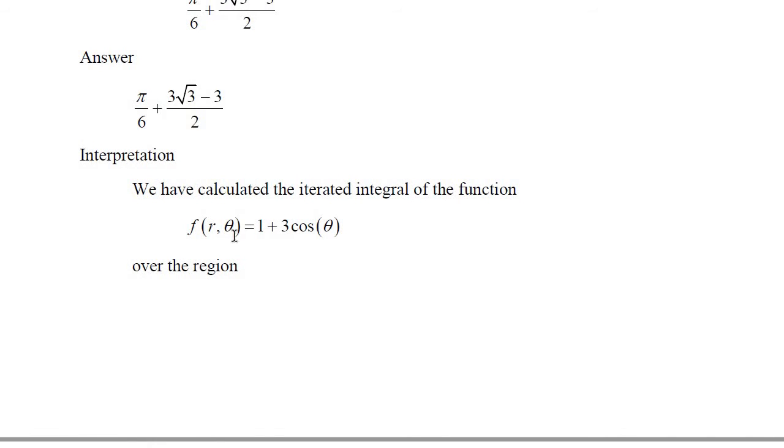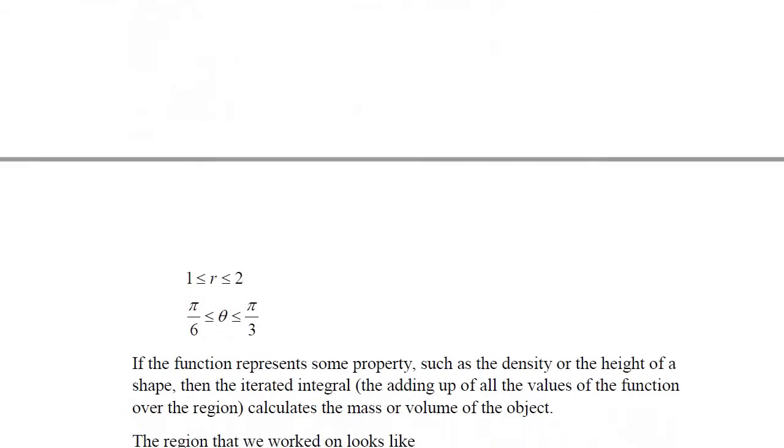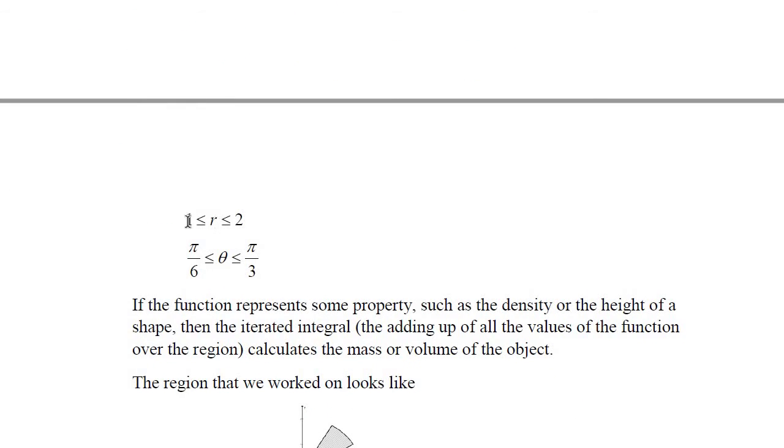Let's interpret what we just did. We've calculated the integral of the function f of r, theta equal to 1 plus 3 cosine theta over the region where r is between 1 and 2, and theta is between pi over 6 and pi over 3.